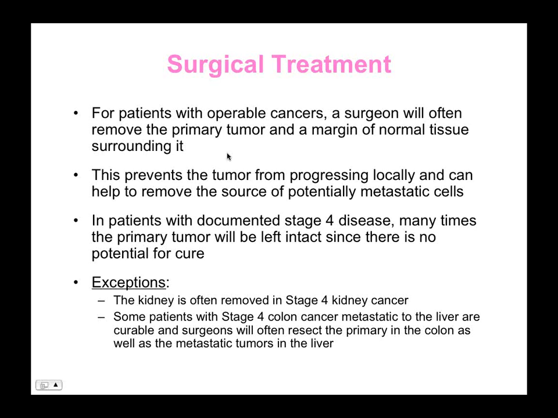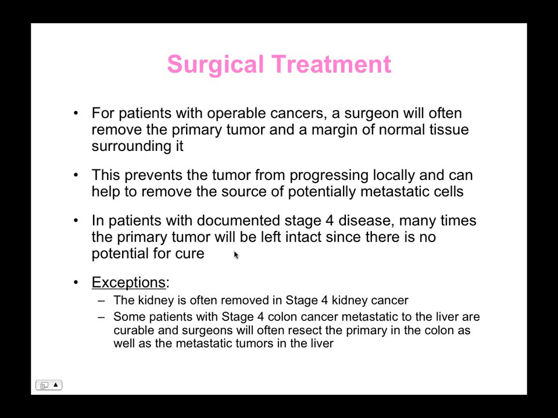And so in patients with stage 4 cancer, many times the primary tumor is not resected since there is cancer in multiple areas of the body, and it's not possible to remove all of those areas to render that patient disease-free. So oftentimes in stage 4 cancer, when there are multiple sites of disease, surgery and local therapies have less importance, and the systemic therapies that again go throughout the body are much more relied upon.